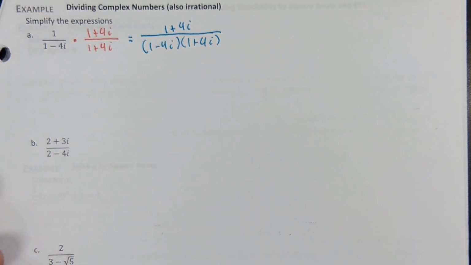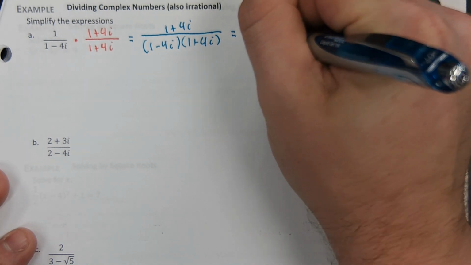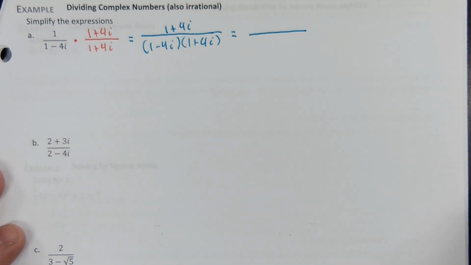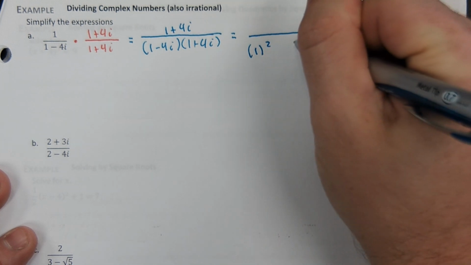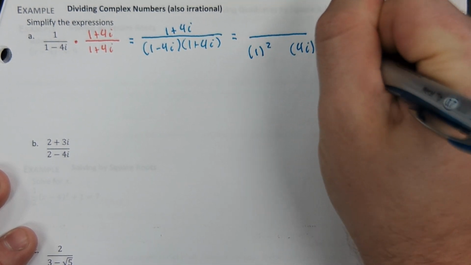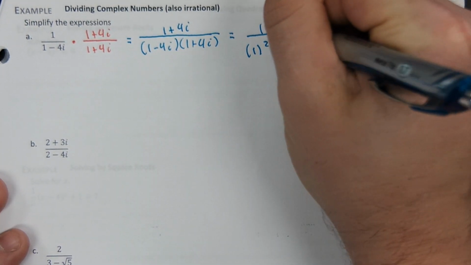In the denominator, again, you don't need to go through the following process if you know that the product of conjugates is always going to get you the difference of two squares. Square the front, square the back, put a minus sign in between.